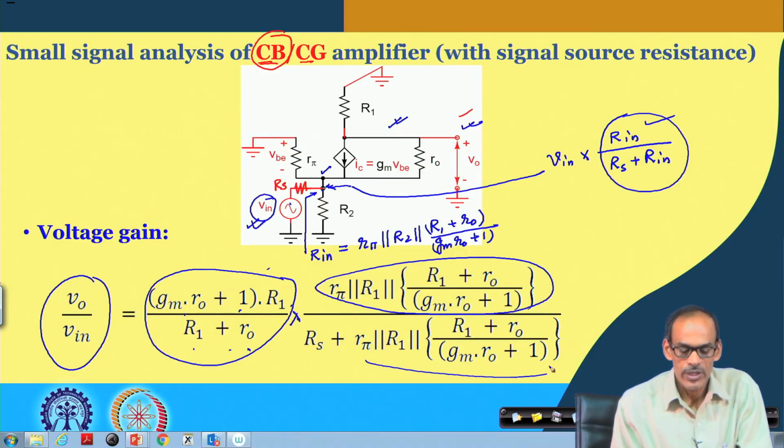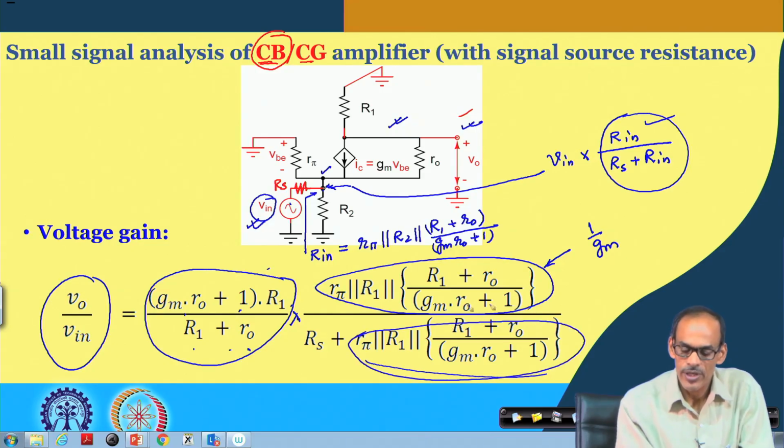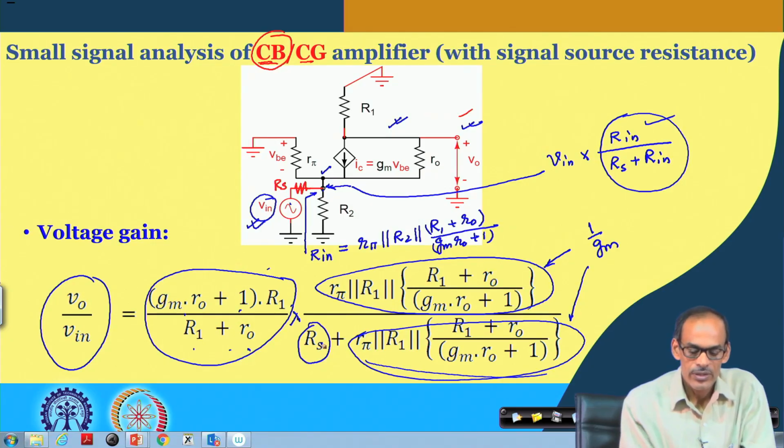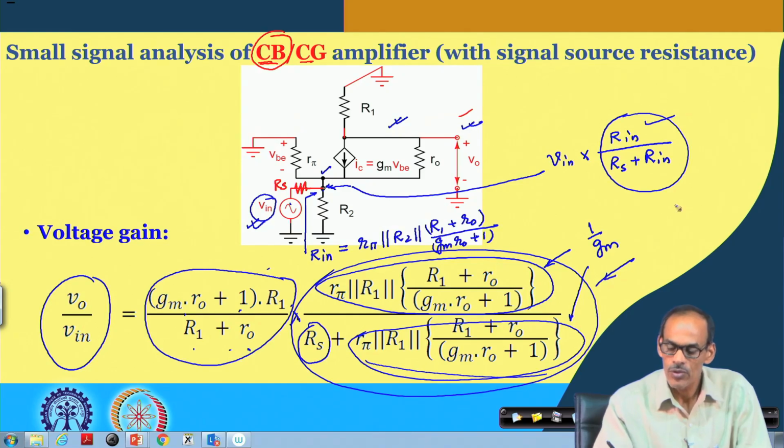Now, there will be a serious problem, and we already have discussed that this can be well approximated by 1/Gm. So, likewise this is also 1/Gm, and if this Rs is significantly large, then we will have an attenuation here, which is 1/Gm divided by Rs plus 1/Gm.